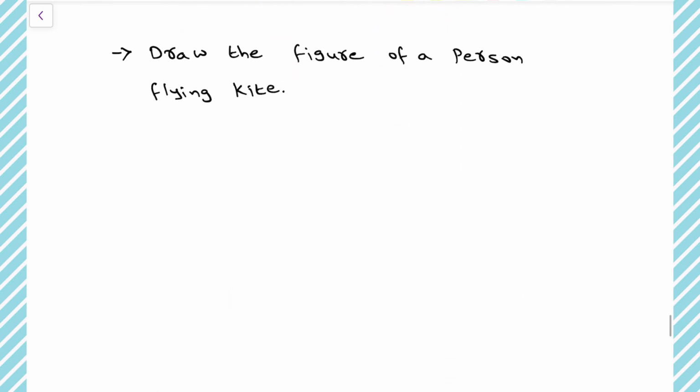Next, draw the figure of a person flying a kite. Actually, these kinds of questions will be asked in section 1 as well as section 2, especially from the chapter Applications of Trigonometry. They will give a statement, and according to that statement or question, we need to draw the figure. This is a person flying a kite.